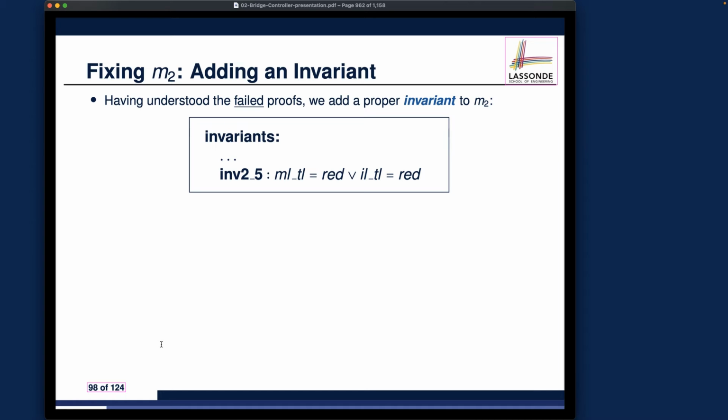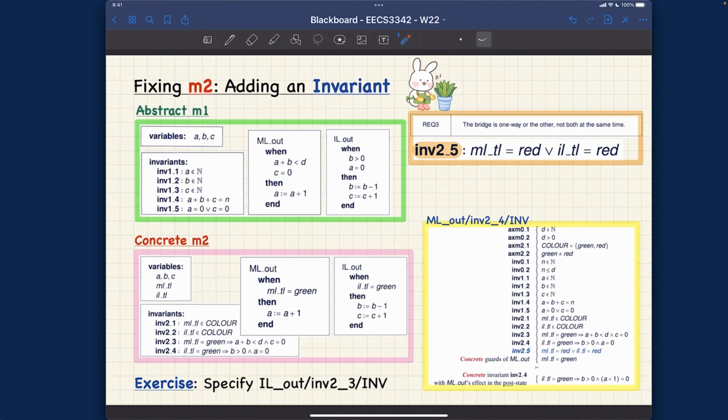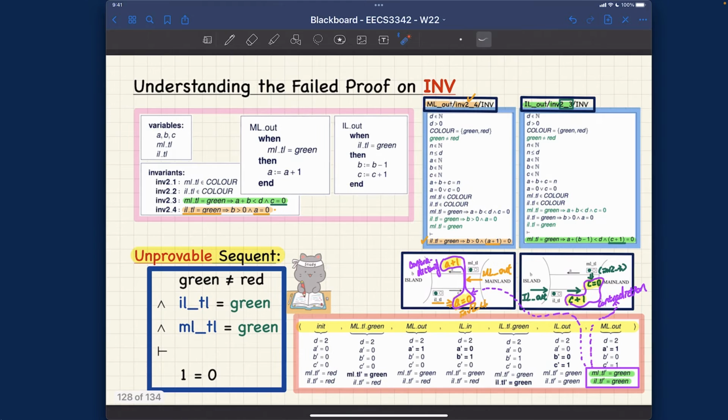But you should think about how we derive this safety constraint, which is similar to how we came up with the one-way bridge before, right? The one-way bridge was really about either A is equal to 0 or C is equal to 0. So we're doing something similar: either this traffic light is red or this traffic light is red.